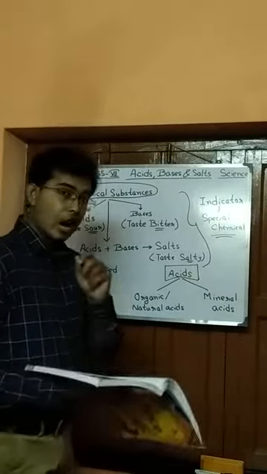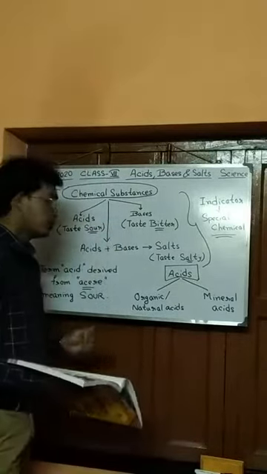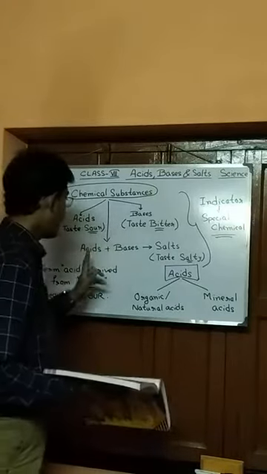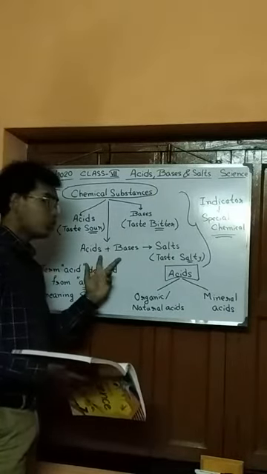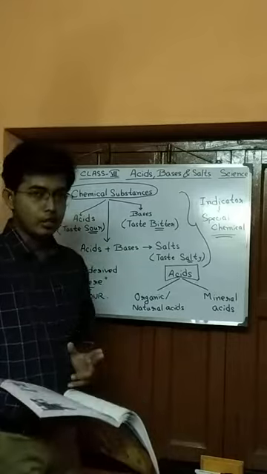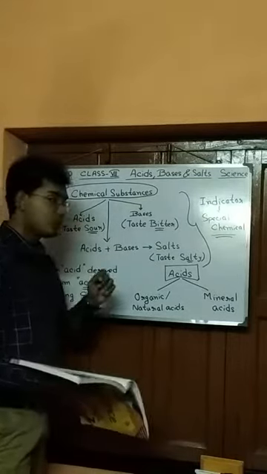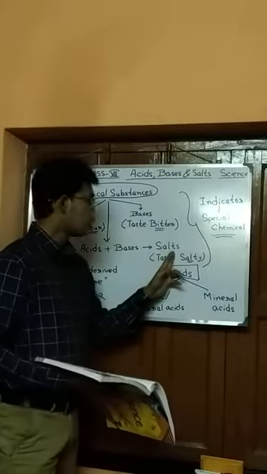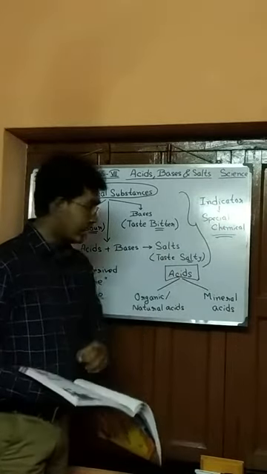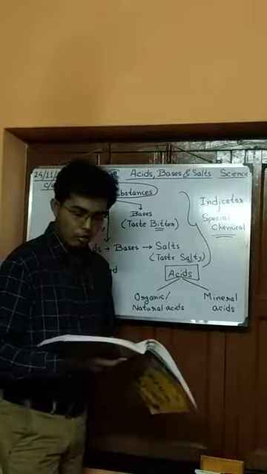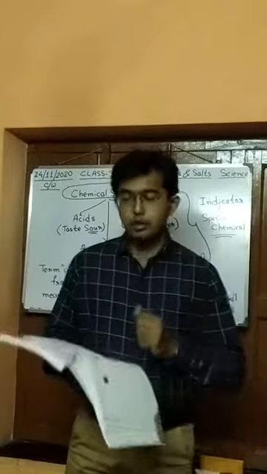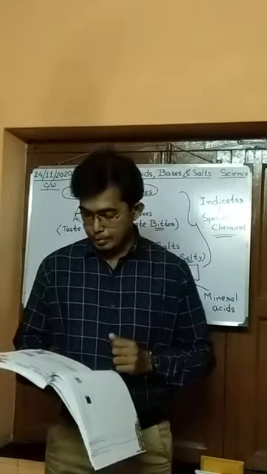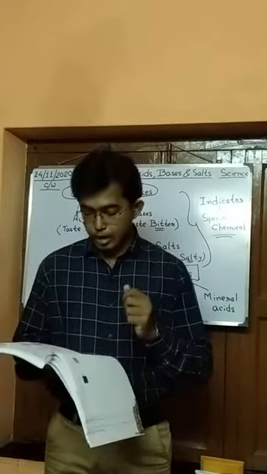And there are substances which form when acids and bases react with each other. When acids and bases react, they form a compound which is known as salt, and salts taste salty. Think of an example like lemonade, tamarind or an unripe mango.